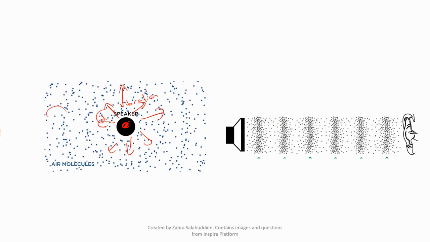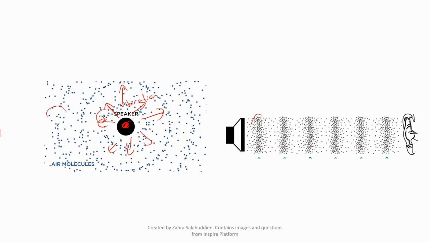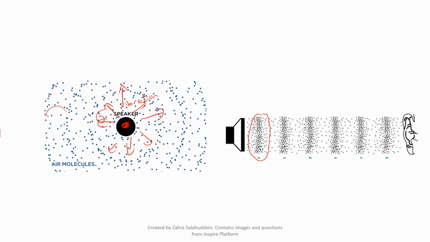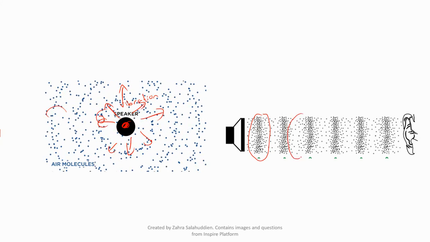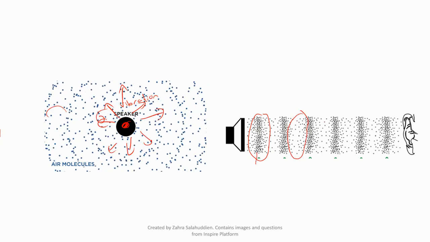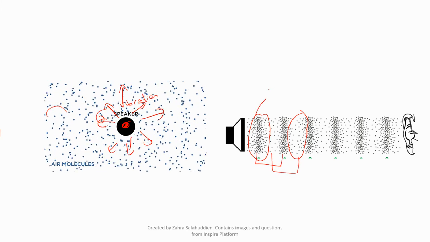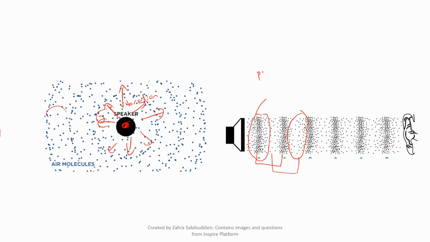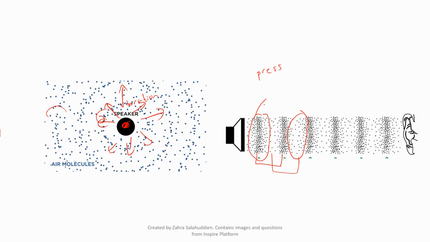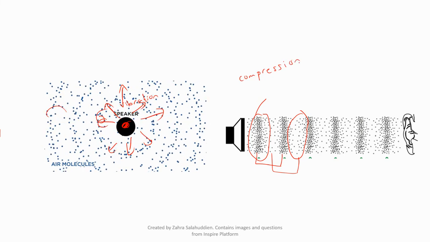The second point is that as it is traveling, we can see that there are some points where the particles are very close and other points where the particles are far from each other, and they alternate. The parts where they are pushing together, pressing each other, we call a compression.